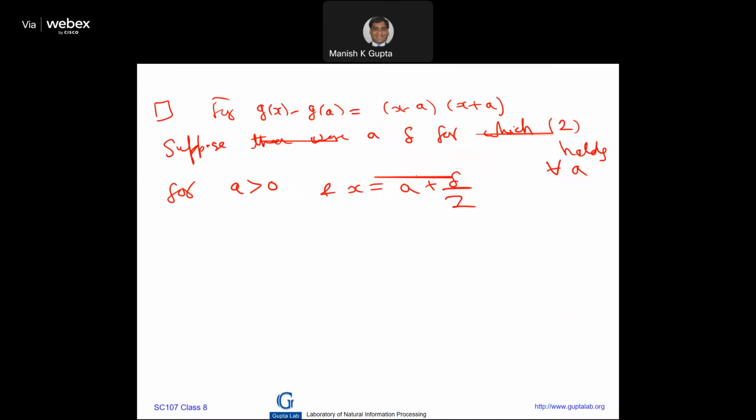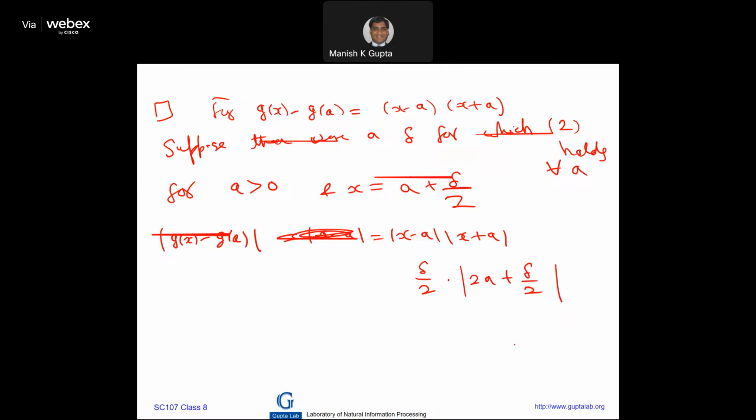Then |g(x) − g(a)| is equal to |x − a| times |x + a|, which is delta by 2 times |2a + delta by 2|, which is less than 2 by definition.